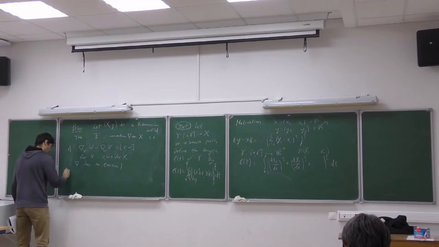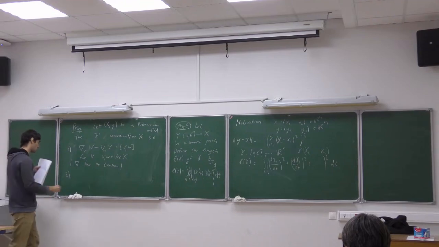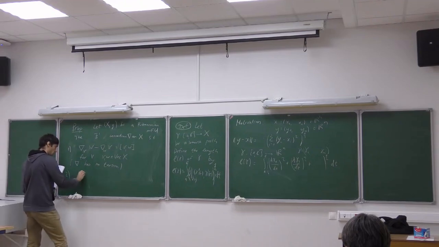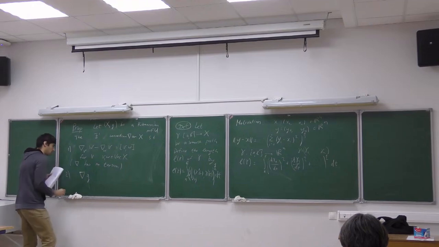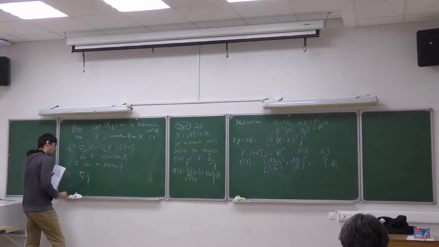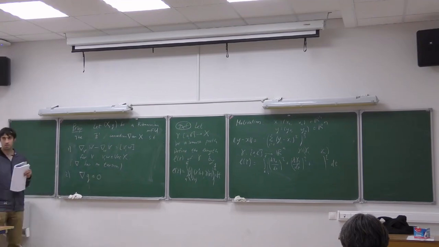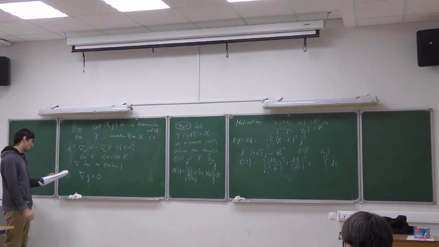And second, there's no g yet, so here is where it appears. It's that g is invariant with respect to nabla, so to say. It just means this: nabla g equals 0. Well, I have to maybe say something about this.